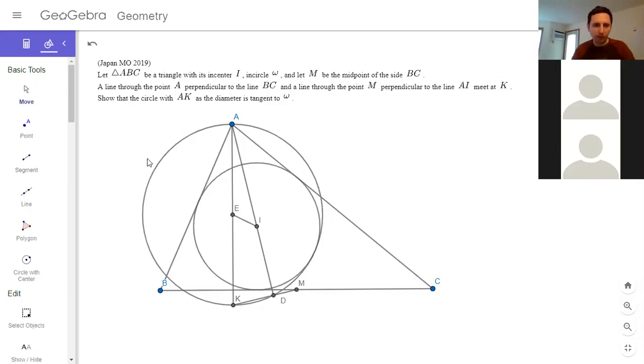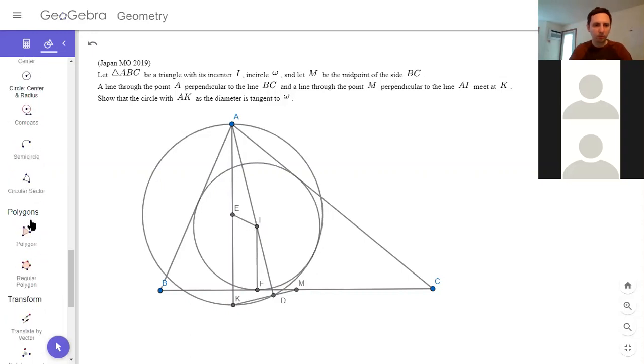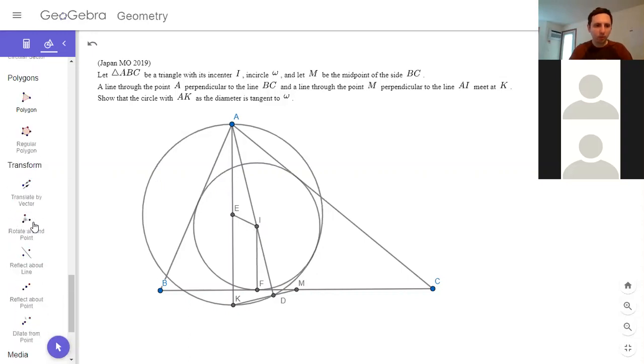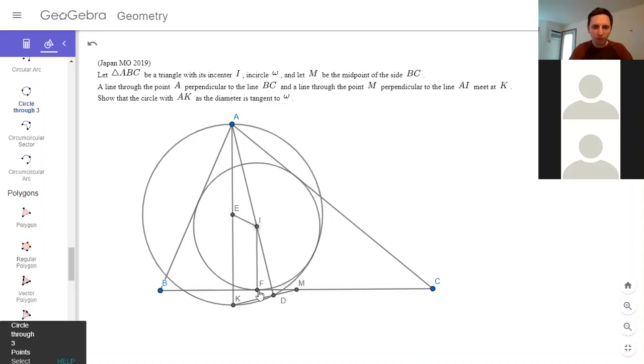So we have a cyclic quadrilateral here. It's probably worth drawing it. Oops. So IFDM is cyclic. I don't know if that helps.